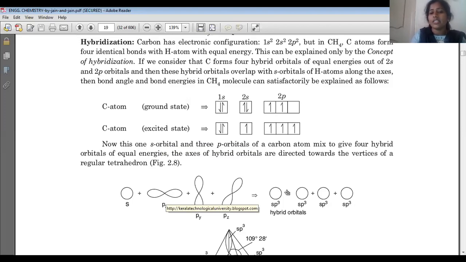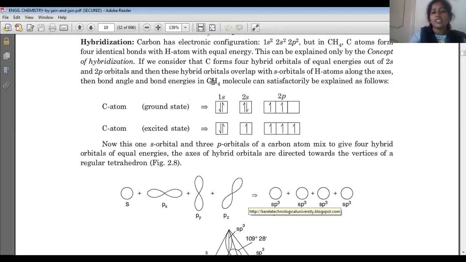That means all are degenerate, the shape of the orbitals is also the same, and the hybridized orbitals have uniform angles. So we define hybridization as the intermixing of atomic orbitals leading to the formation of an equal number of equal-energy orbitals, which are called hybrid orbitals.